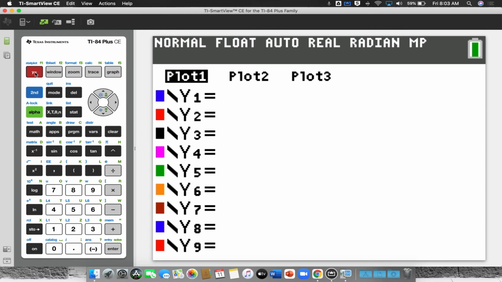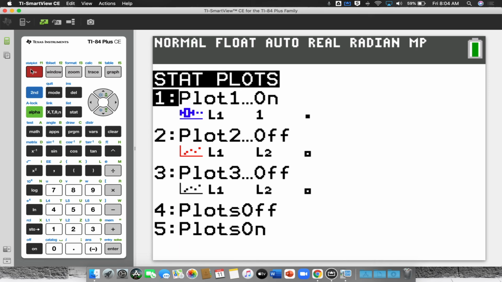So the way to check that is to go to stat plot, right above y equals. If number 1, number 2, or number 3 say on, turn them off, because it's going to graph it.